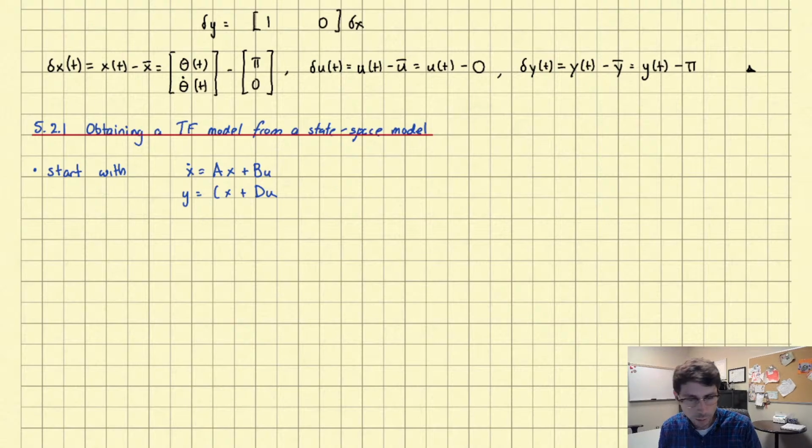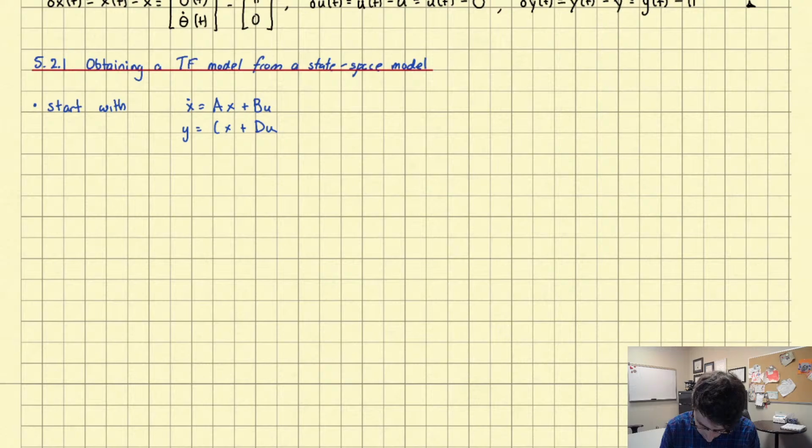Okay, all we're going to do essentially here is take Laplace transforms. Laplace transforms plus some algebra, and we're going to get our transfer function. So let's take Laplace transforms. And because we're interested in transfer function models, we're going to assume all the initial conditions are 0.